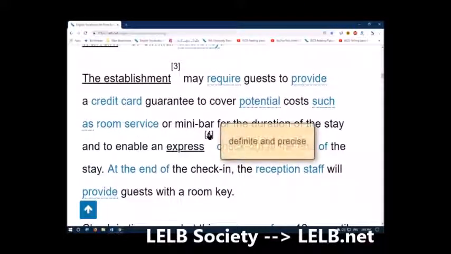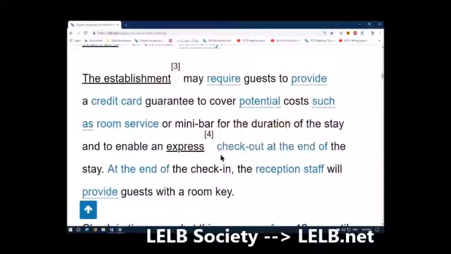Here express means definite and precise, means specified, specific. Checkout at the end of this stay. Checkout is the opposite of check-in.